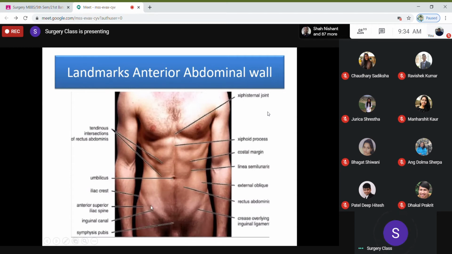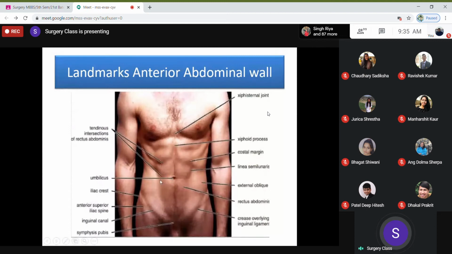The anterior superior iliac spine is right in front, and the iliac crest has its posterior highest point. The inguinal canal lies parallel to the inguinal ligament, coming from the anterior spine to the pubic tubercle.